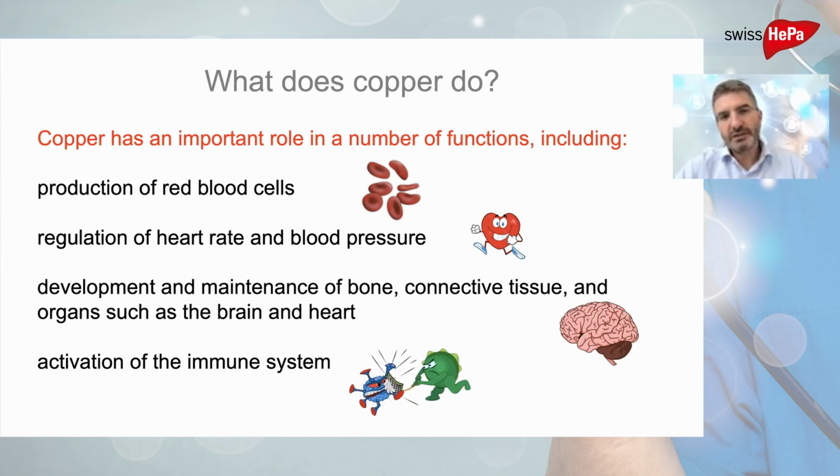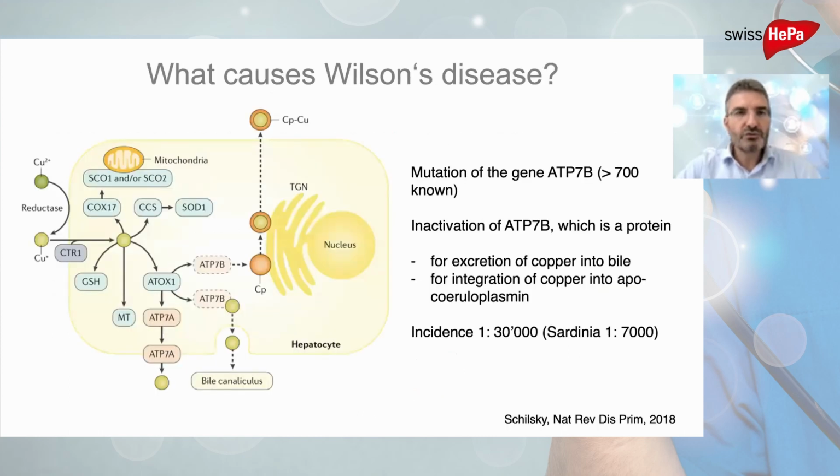And you understand that in this particular case it is very important to tightly regulate how copper is taken up in the organism and how copper is excreted from the organism. To do so, there are very complex mechanisms that are in particular regulated by a protein called ATP7B.